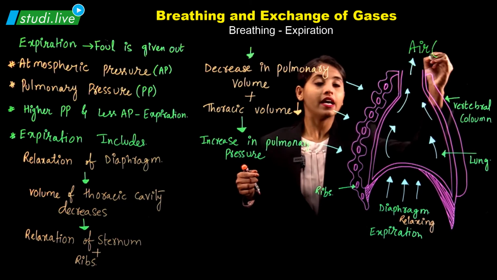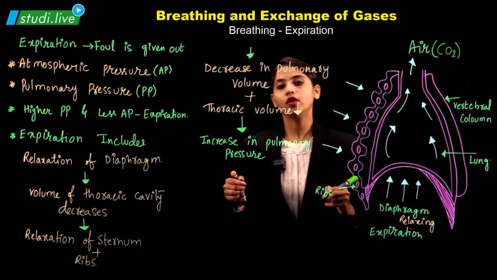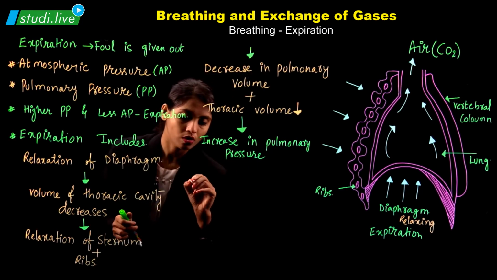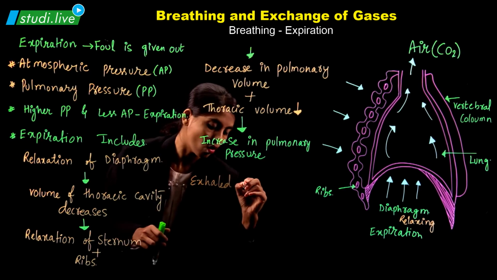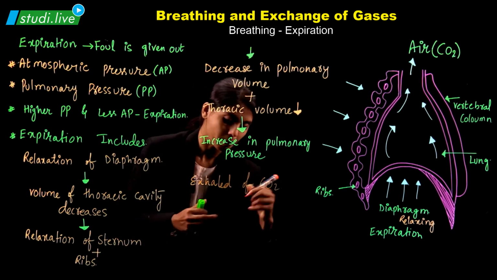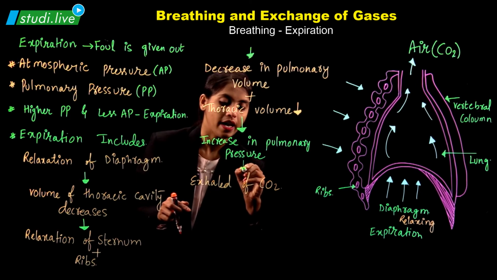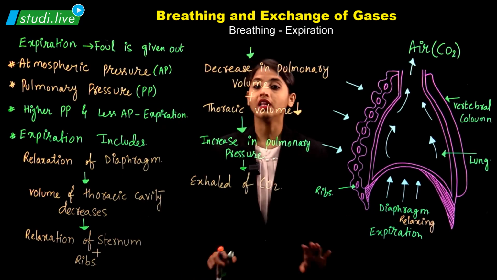And what will this air be chemically? It will be more of carbon dioxide which is being given out. So, exhalation of carbon dioxide. This is the last step, and after this step, the expiration process will be complete.